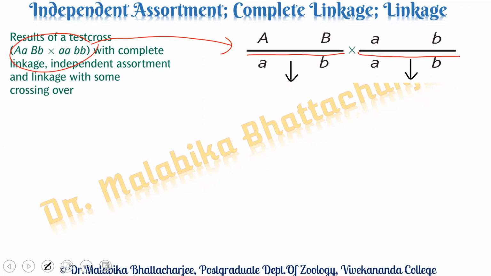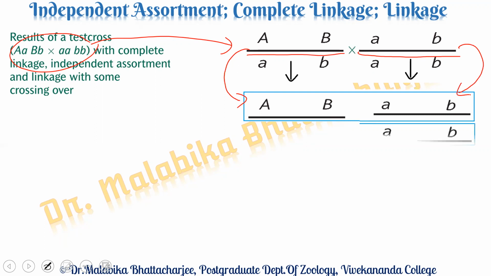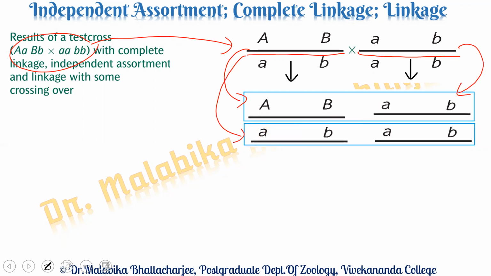Now let's see. The first category of gamete that will be formed is capital A, capital B from this one, and small b from this one. The second gamete that will be formed will be small a, small b. As you can see, these gametes are a replica of the parental genotype.